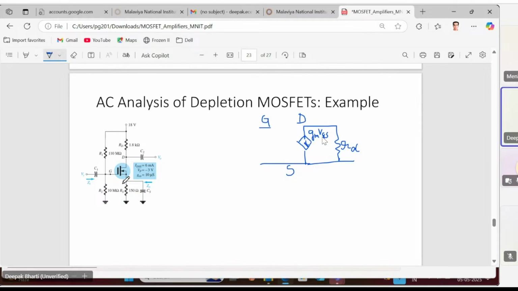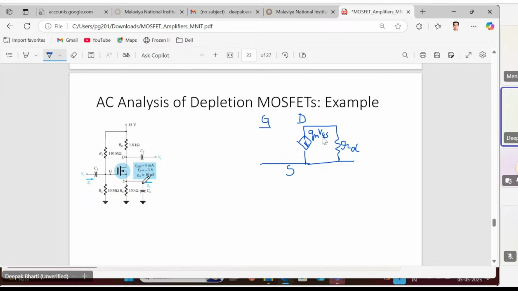Now let's analyze the outer biasing arrangement. Now we have this R1 and R2 connected to the gate terminal. R2 is connected between gate and ground. Where is the ground for the network? We can also observe that RS is bypassed by the capacitor.